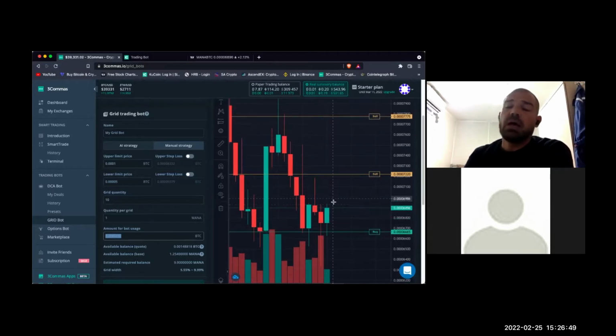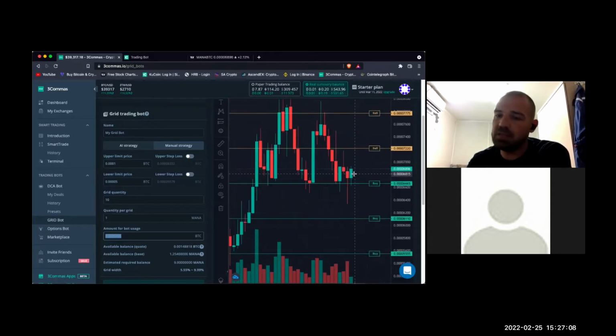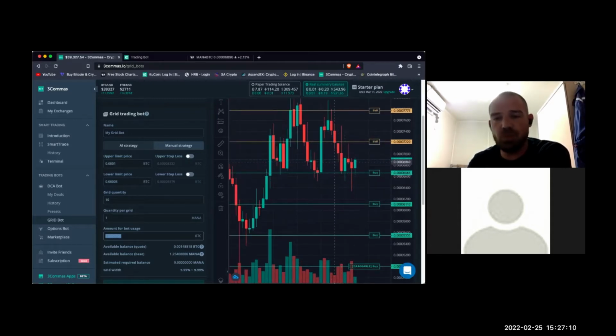And how it works, if the price goes up from here to there, it will sell Mana for Bitcoin. But this is a sell line, so it will stay a sell line. If the price carries on and sells again there, this line will then become a buy line. And the same is true for the opposite.